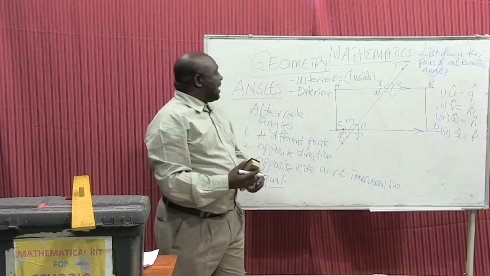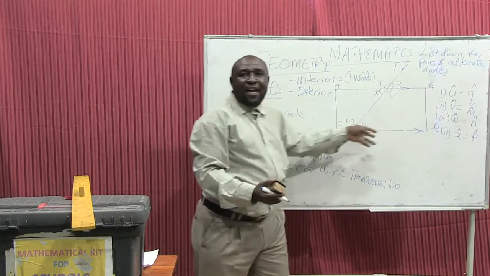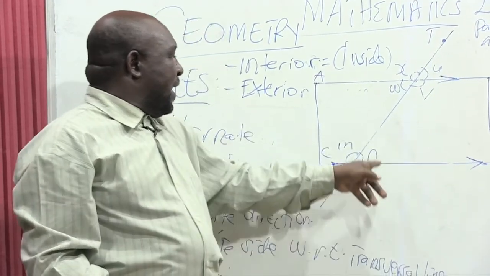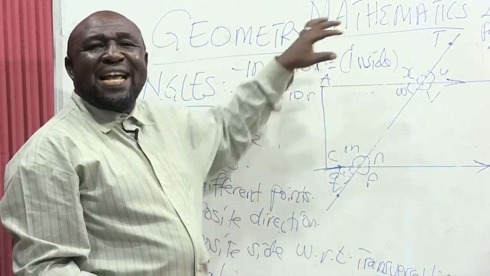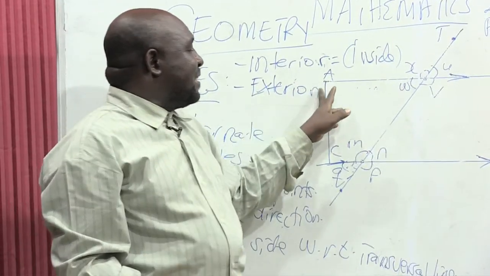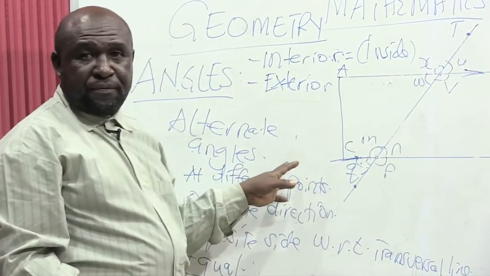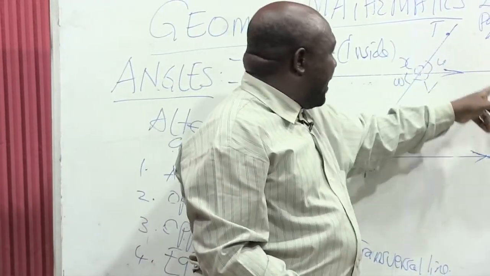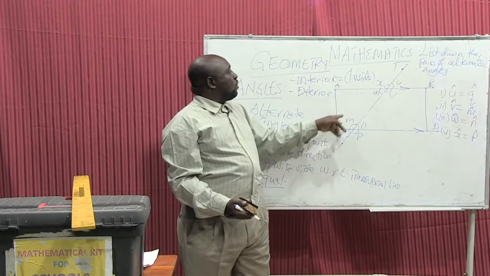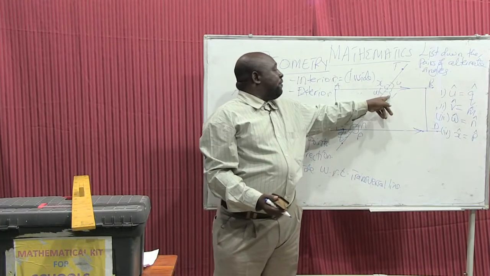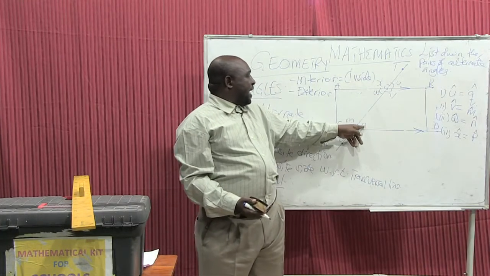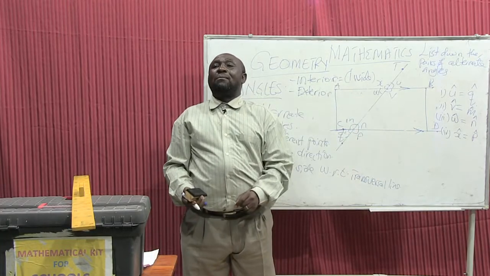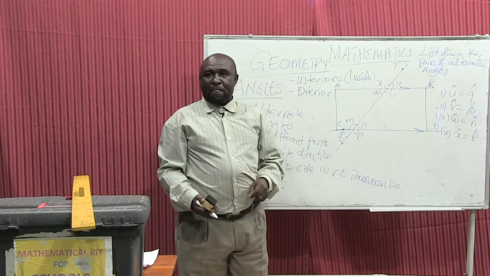So we are forming a four-sided figure. So W, V, M, and N are inside this rectangle, which is formed by A, B, D, C. So angle W, angle V, angle N, angle M are inside the figure, so we call them interior angles.